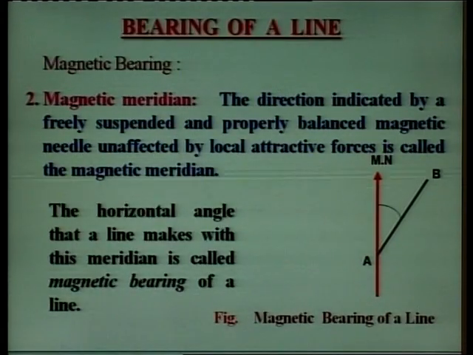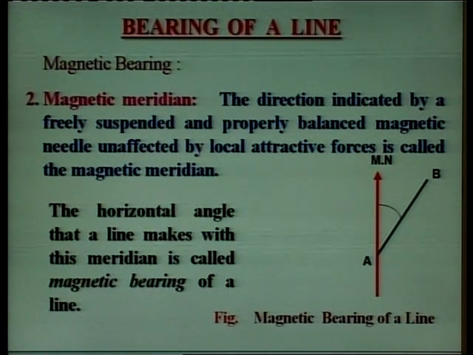So, the second bearing meridian is the magnetic meridian. A magnetic needle unaffected by local attractive forces indicates the magnetic meridian. This magnetic meridian is of great importance and most of the work we do is with this meridian.